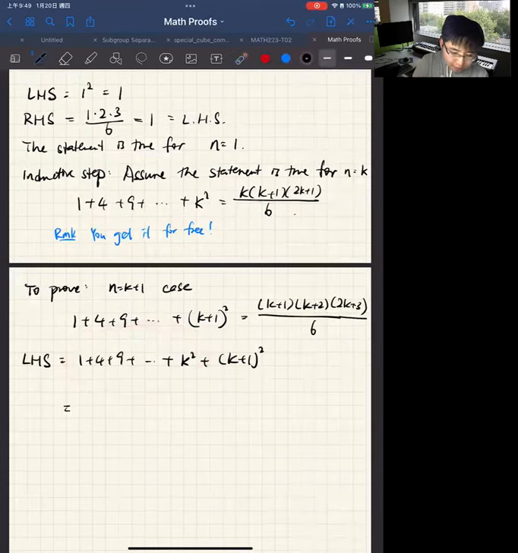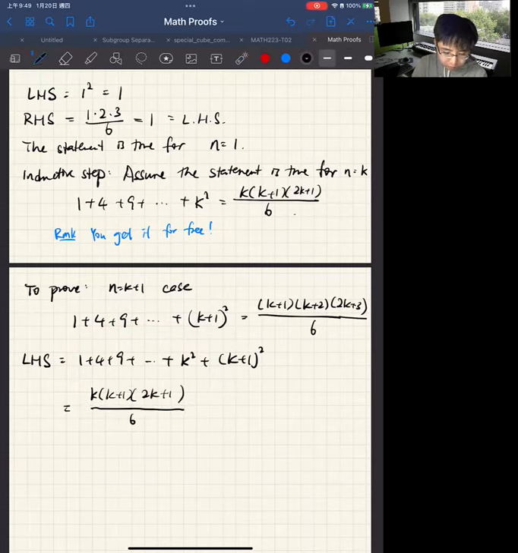So we can replace this by k plus 1, 2k plus 1, over 6. And you have (k plus 1) squared, which is extra. So here we use the inductive hypothesis.